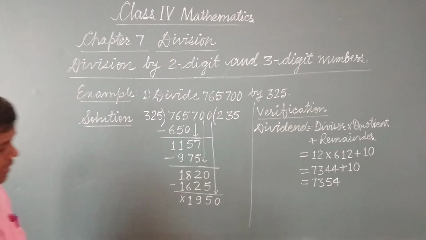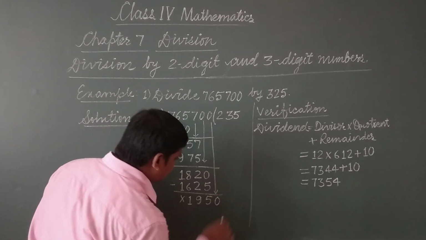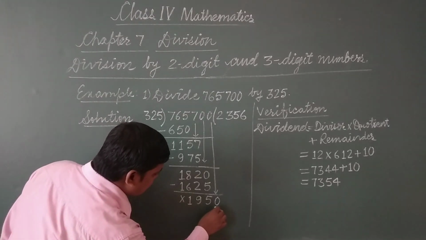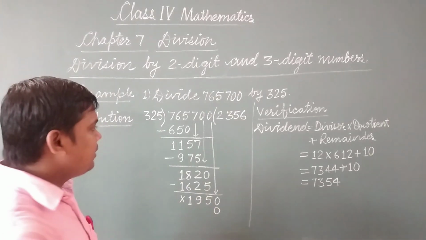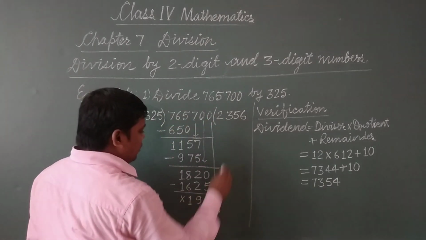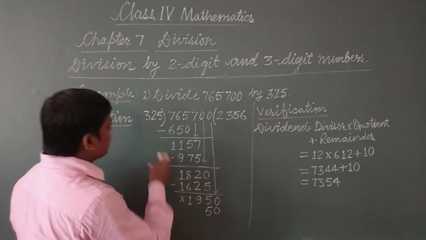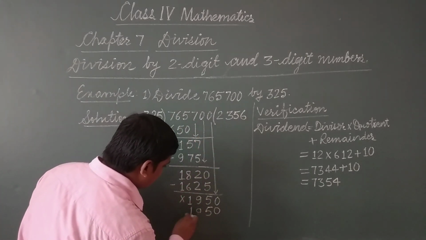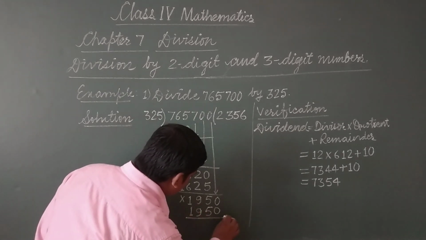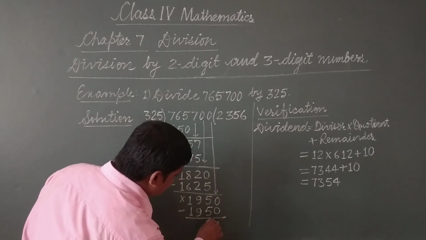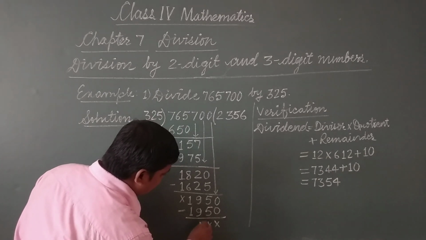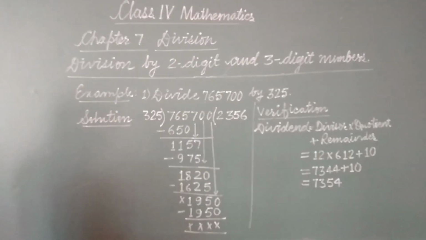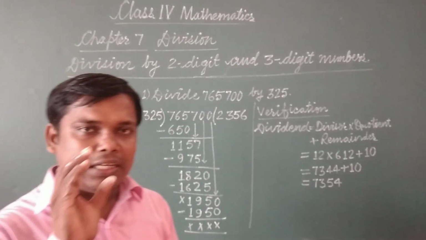Now read the 6 times table of 325: 5 sixes are 30, carry 3, 2 sixes are 12, 3, 15, carry 1, and 3 sixes are 18, 1, 19. Subtracting, 0 minus 0, 5 minus 5, 4. So we got remainder 0. This cross means our remainder is 0.